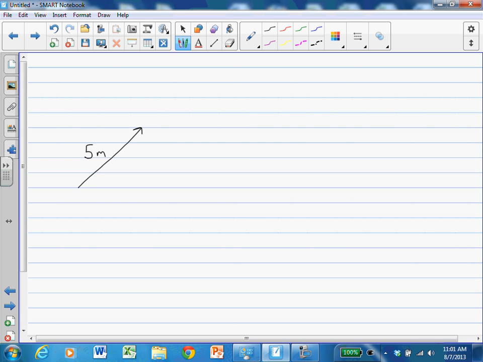And let's say it had a component in the x like that and a component in the y like that. It's not drawn to scale, so that's 3 meters and that's 4 meters, okay? And that's your standard 3, 4, 5 triangle, right? If you did Pythagorean theorem on it, 3 squared plus 4 squared equals 5 squared.